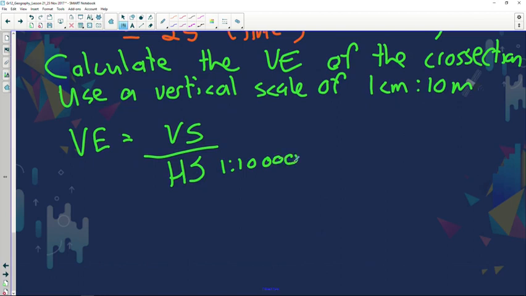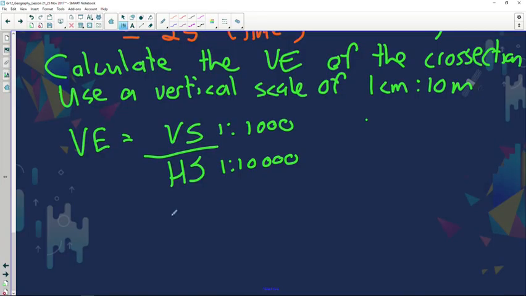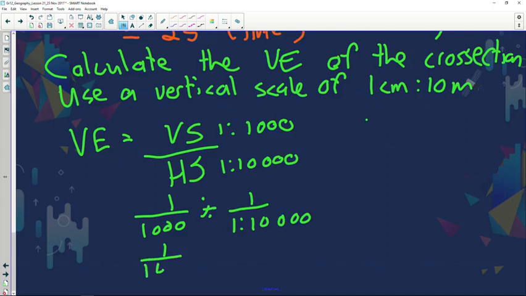Now 1 centimeter represents 10 meters. How many centimeters is there in a meter? 100. How many is in 10 meters? 1,000. Now we need to divide the two with one another. Divide by 1 to 10,000. So 1 over 1,000 times 10,000 over 1.